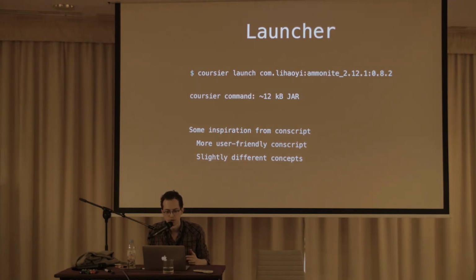You can Google for it, and compared to it, Coursier is a bit more user-friendly in the sense that it gives more feedback about what is being downloaded when it launches things. Also, there are a bit different concepts in Coursier versus Conscript. As for now, in Coursier, we launch things from Maven coordinates rather than simple app names, I mean GitHub repositories, as Conscript does.